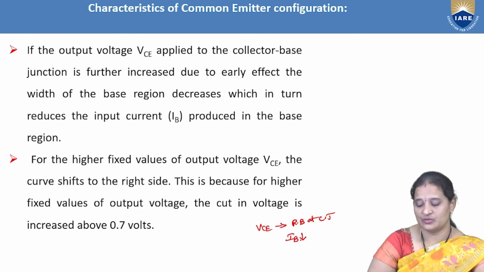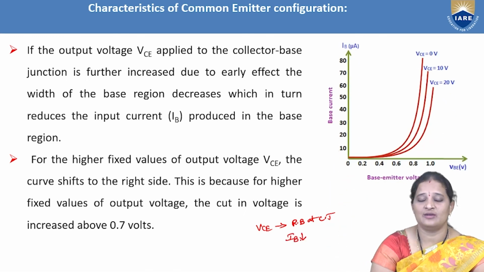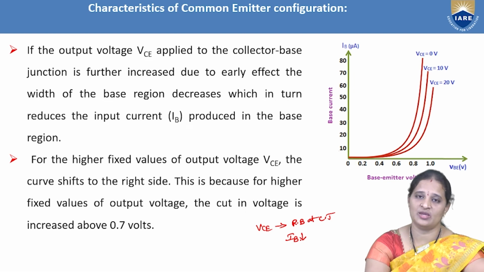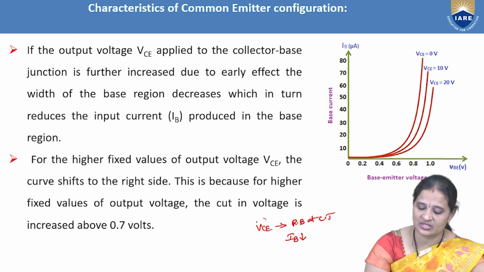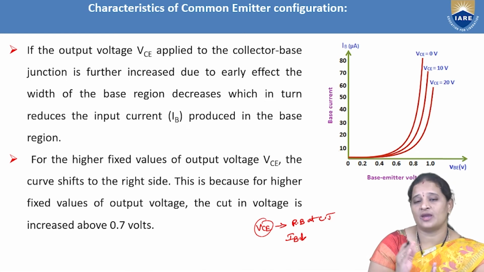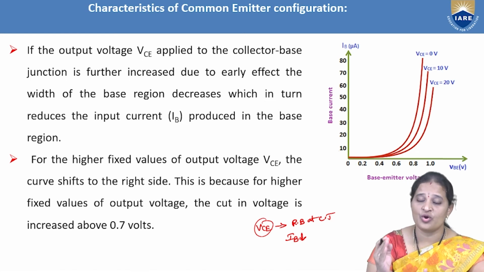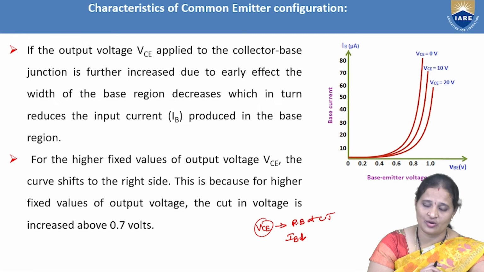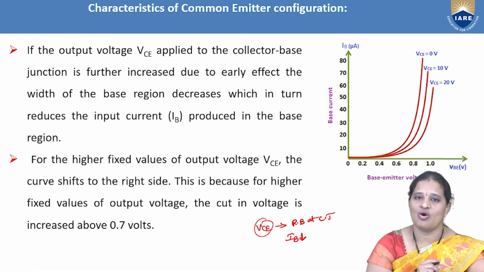Now you all know that the characteristics are drawn between VBE and IB. As I have increased VCE, IB is decreased. That is why the characteristic curve will now shift to the right side, or move away from the origin.